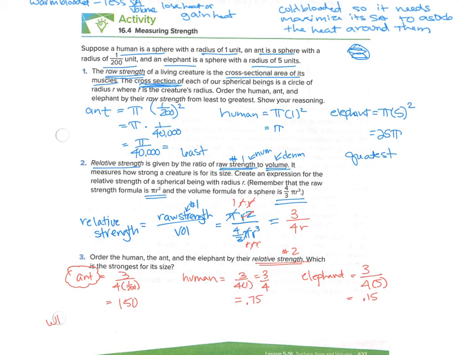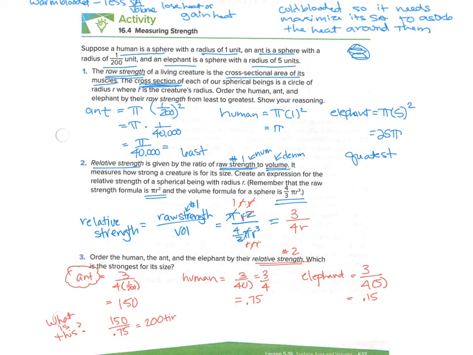But let's talk for a minute about what this even means. For my ant, for instance, it has a relative strength of 150. Let's look at a human, us. We have a relative strength of 0.75. If I divide the ant's by the human's on my calculator, I get 200.